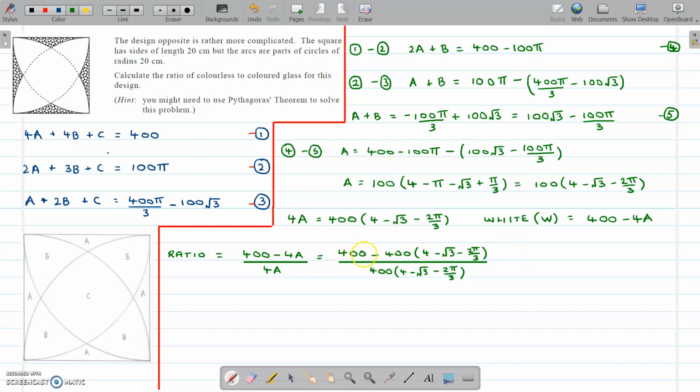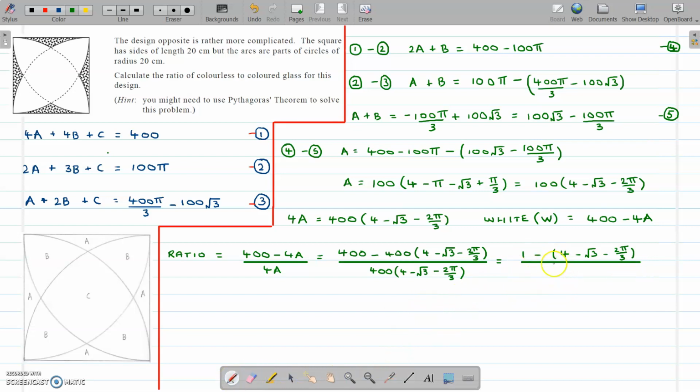So we can literally take out a 400 from the top and the bottom, and they just cancel out to give us 1. Okay, so that is actually the same as just writing 1 minus 1 lot of (4 minus root 3 minus 2 pi over 3), and all of that is written again except just without the 1 in front.